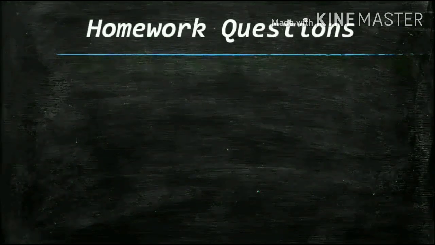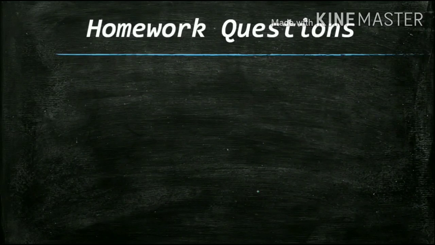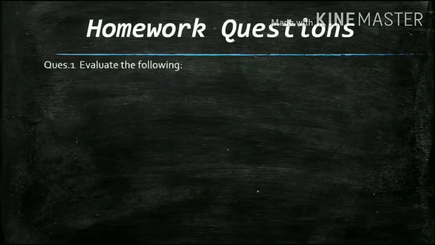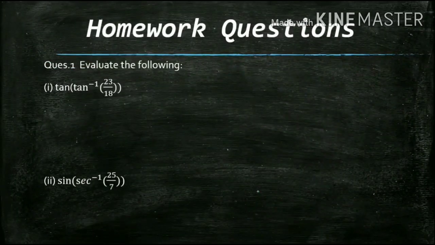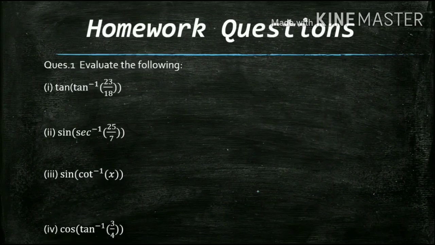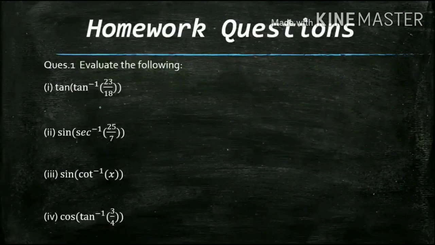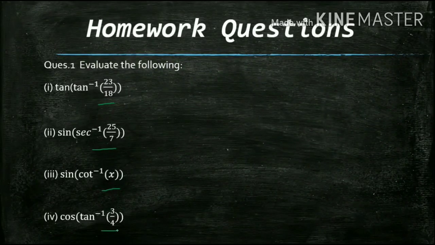in the next class. So let me again give you homework questions. You need to find the values of these four: tan of tan inverse of 23 by 18, sine of sec inverse of 25 by 7, sine of cot inverse of x, and cos of tan inverse of 3 by 4.